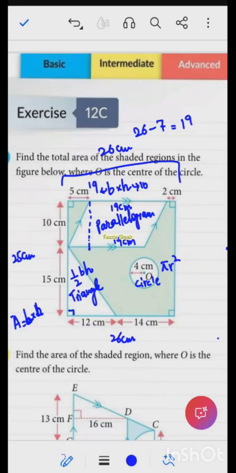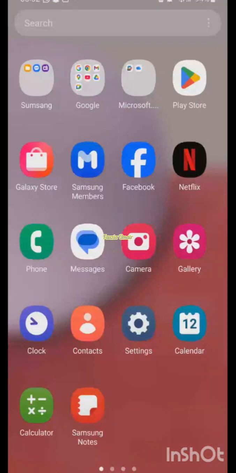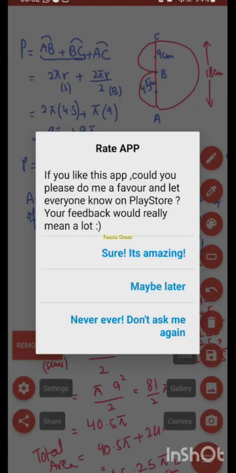So now let me open the whiteboard so that we can quickly solve it because there is less space here. We will start with calculation of different areas. So first of all, area of rectangle. We know the formula. Area of rectangle is length into breadth.